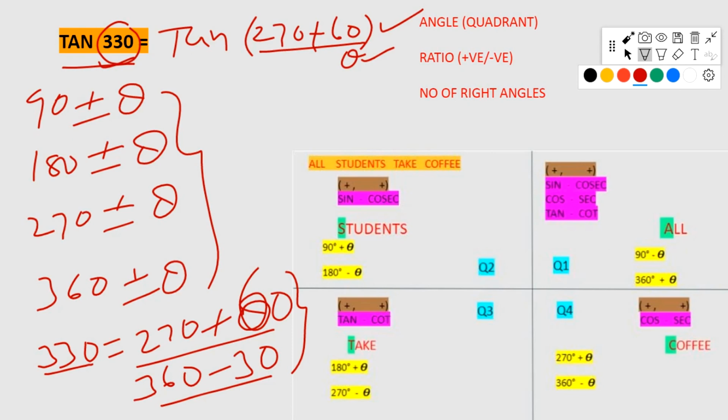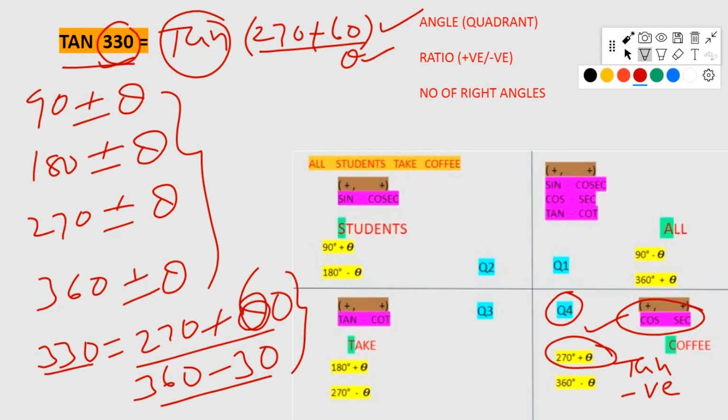The angle 270 plus theta lies in the fourth quadrant. Here the ratio is tan. In the fourth quadrant, the tan ratio has a negative value. Why? Because in the fourth quadrant, cos and secant ratios are only positive. So tan has a negative value. So in our answer, we can write minus.